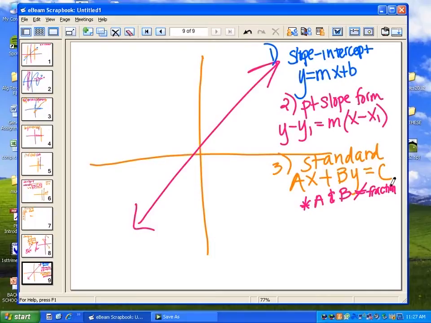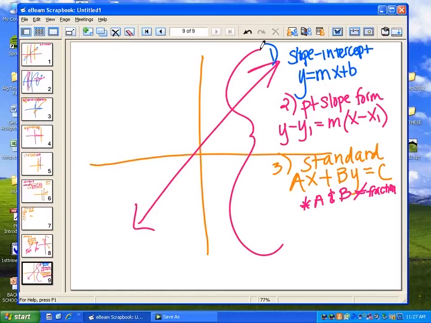But when we want to graph it from one of these 3 things, what are we going to do? We're either going to make an XY chart, find intercepts, or convert it to slope-intercept form so we can see the slope and the y-intercept. Okay? So you can use any of these three formats to graph, but those are the equation of a line. It's what this line is called.